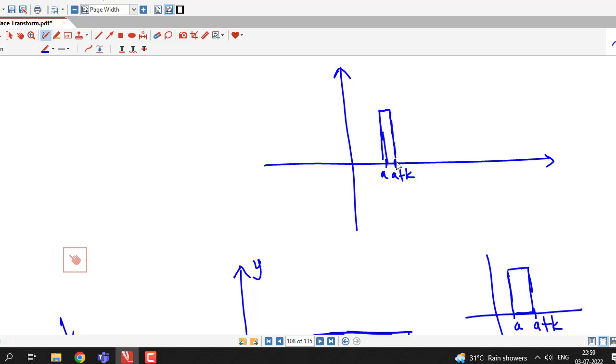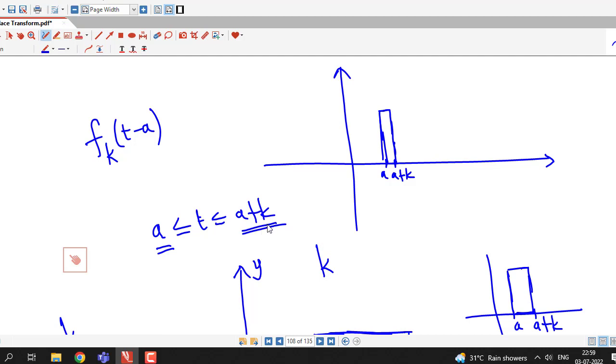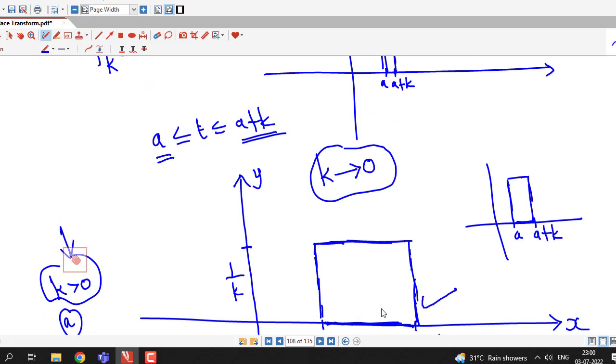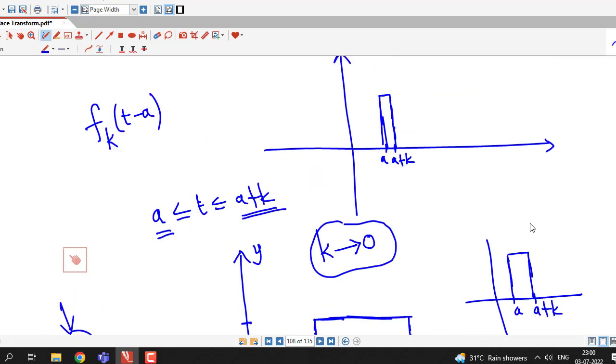So what I am doing here, I am reducing the size of the interval, that is I am defining this function in the interval a to a plus k, and I am taking k as decreasing. So I am considering k very small, that means I can say that I am taking k tending to 0. If I reduce the size of the interval as I have shown here, first I consider this much size, then I reduce up to this size, then again I reduce this size.